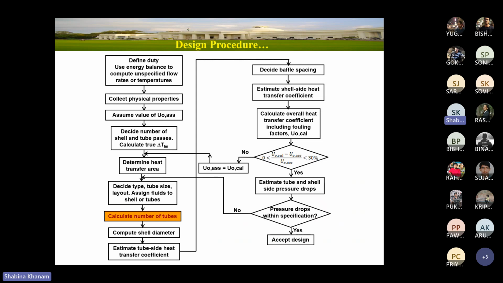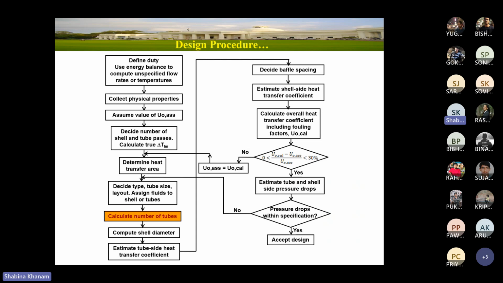So whatever the tube sheet thickness is at two sides, you need to deduct from the total length, because whatever length is inside the tube sheet will not participate in heat transfer. I hope you are getting my point.